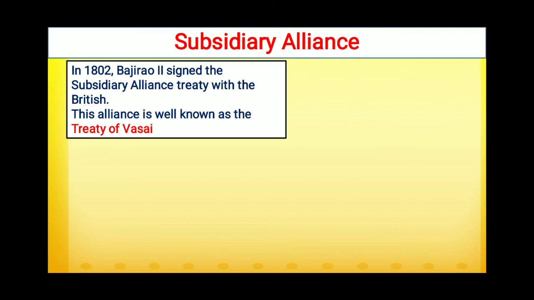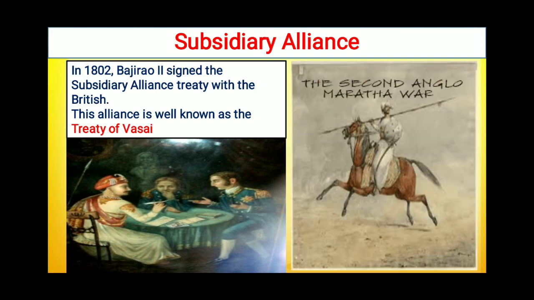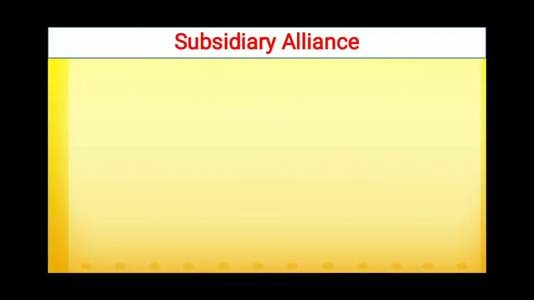In 1802, Bajirao II signed the Subsidiary Alliance Treaty with the British, and this alliance is well known as the Treaty of Bassein. Though Bajirao II signed the subsidiary alliance, some Maratha Sardars did not accept this.